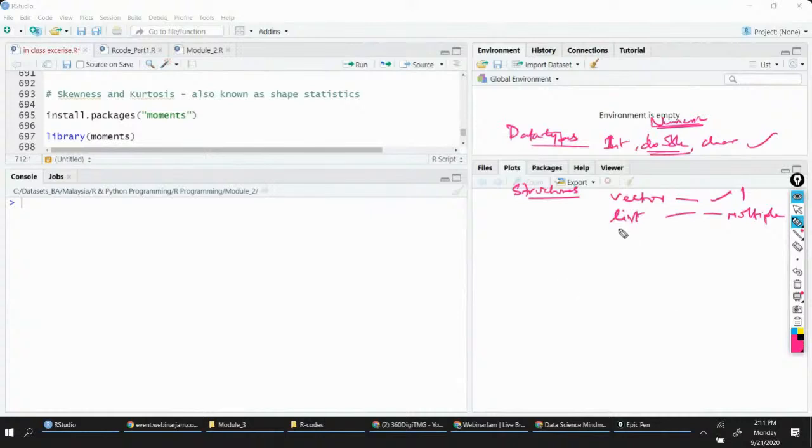Then we can also convert the data vector into a two-dimensional structure using matrix. Matrices can be created using this matrix function. Then we have multi-dimensional data in the form of arrays. Then the special format of data is factors.